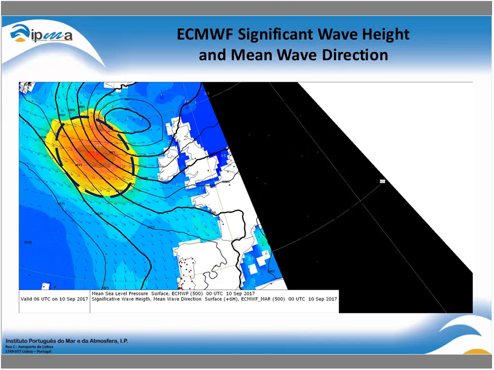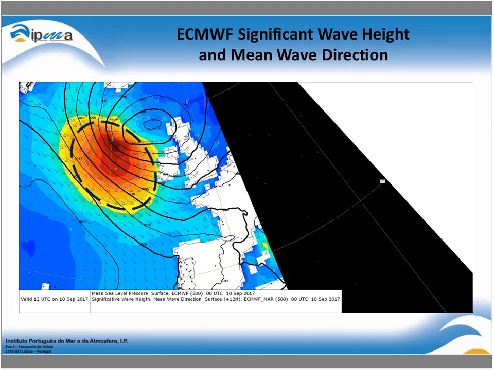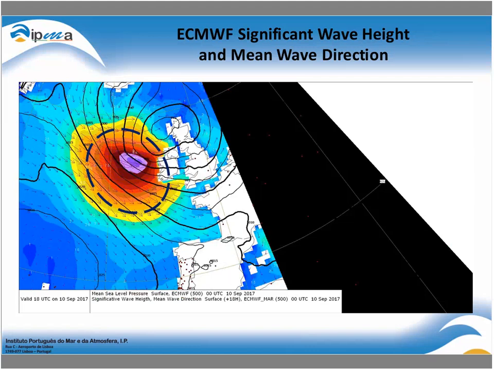So next we have here the ECMWF product for significant wave height in colors. So the reddish colors are around 7-8 meters, and the mean wave direction, so the direction of the waves. And you can see here the strengthening of the significant wave height approaching the British Isles.